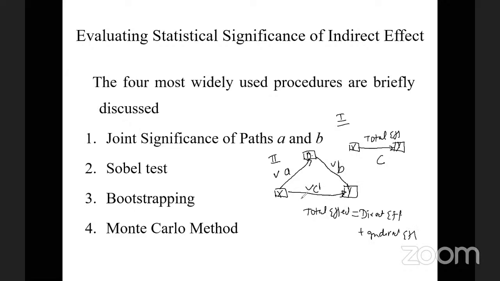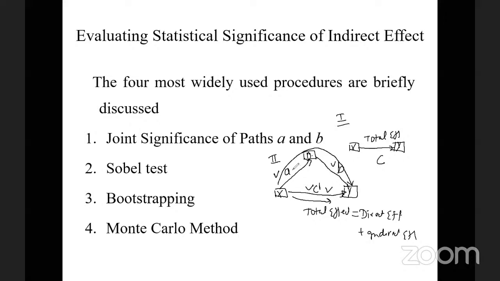So the total effect means this effect and another route, which is the indirect effect. We can check the direct effect, it is simply the relationship between the two variables. The p value gives this c dash.